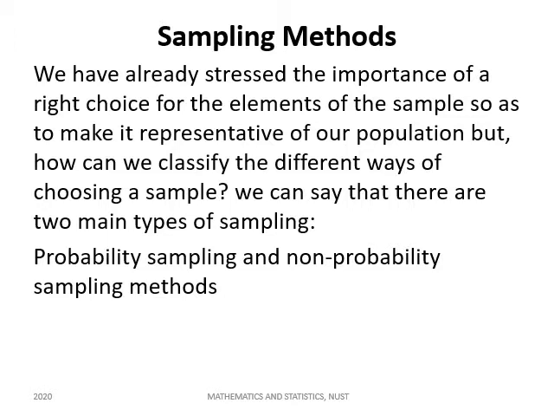We say that it might be costly, it might take too long to sample the entire population, so it's easier instead to collect data from a sample. Now there are two methods that we use when we are sampling. The first one is probability sampling and the second one is non-probability sampling methods.